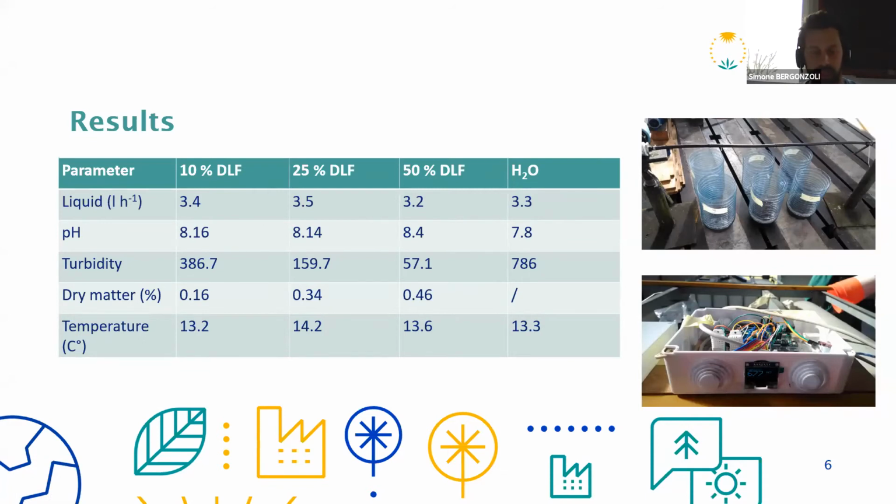This treatment also had the higher level of pH, really close to 8.5, while the water has a pH below 8 and the other treatments a little higher than 8. For the turbidity, the level of the water was 786, while the dilution of 50% has the lower level.